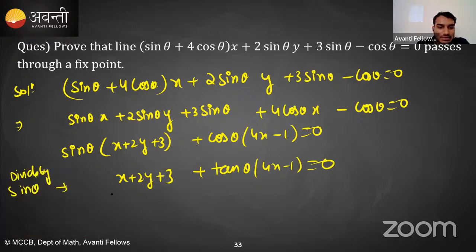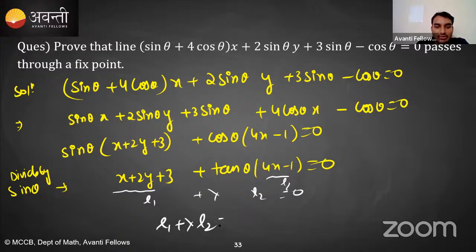So this situation is like L1 plus lambda times L2 equal to 0.